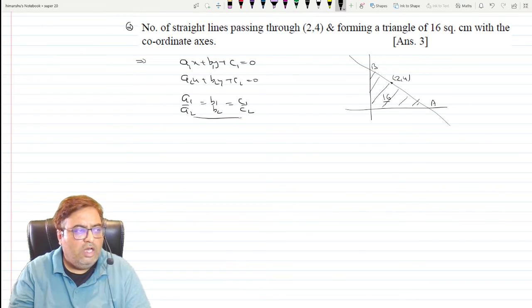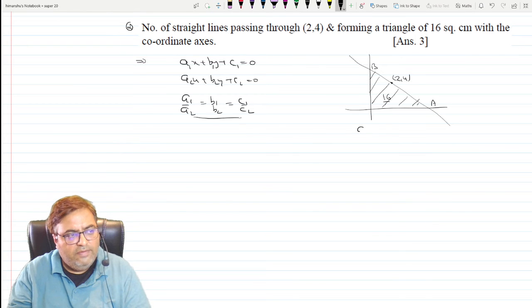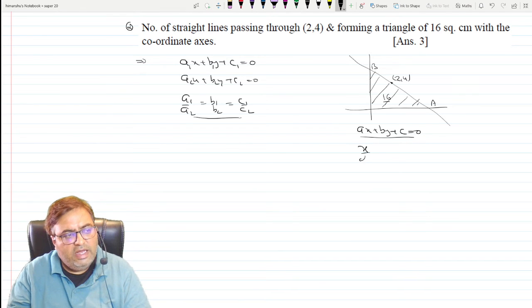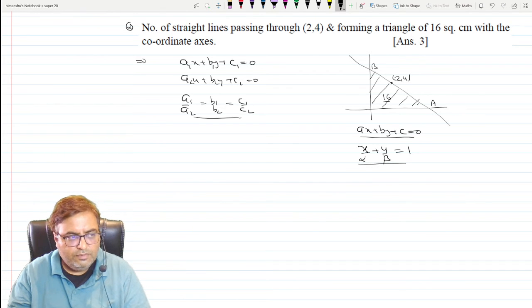Okay. Now, if there is a line ax plus by plus c equals to 0, this was the general equation. And there was a line x by alpha plus y by beta equals to 1. If these two are same lines, this is the general equation and this is just the same equation in the intercept form. If both of them are same, then the two lines should coincide.